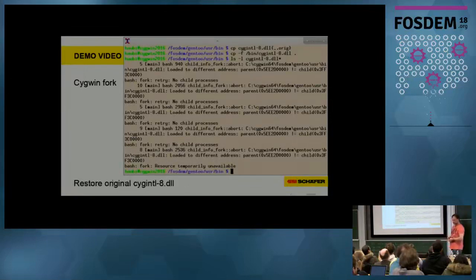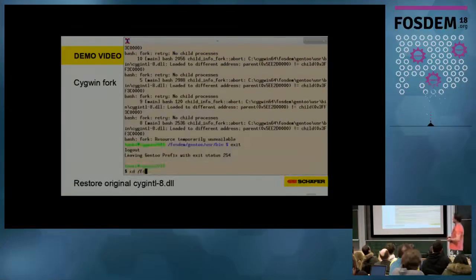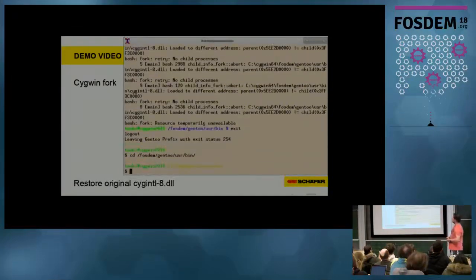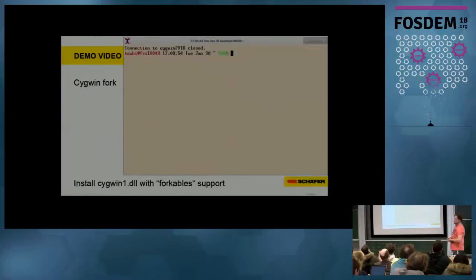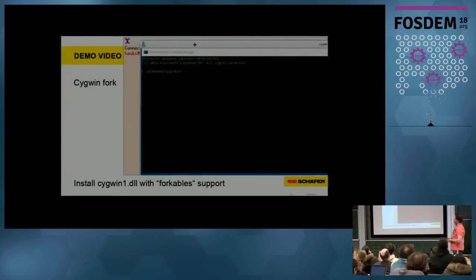But now I'm going to restore the original DLL for now, and then I'm replacing the Cygwin DLL with a Cygwin DLL containing the fork patches.